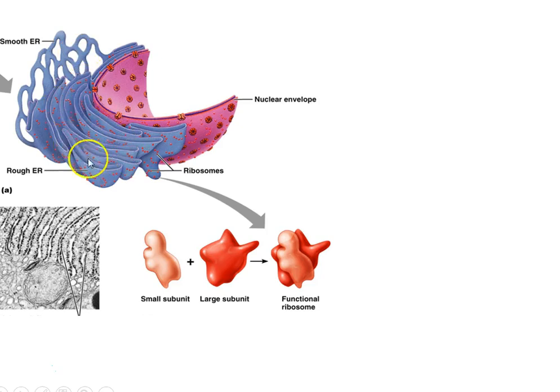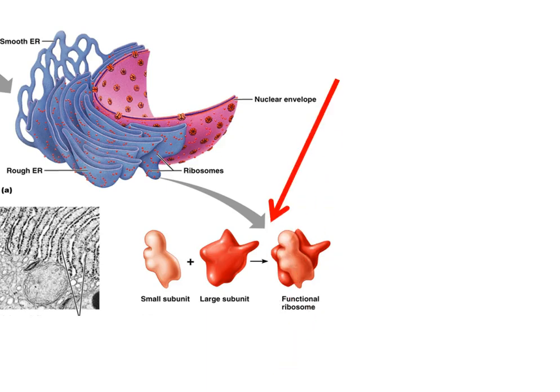Rough endoplasmic reticulum has ribosomes on it. Ribosomes are protein factories. They are the organelle that makes the different structural and regulatory proteins in the cell. Once it makes that protein, as you saw in the previous film, it goes through the ER and buds off in a vesicle and will go to the Golgi apparatus to be reworked before it's either used in the cell or sent outside of the cell.